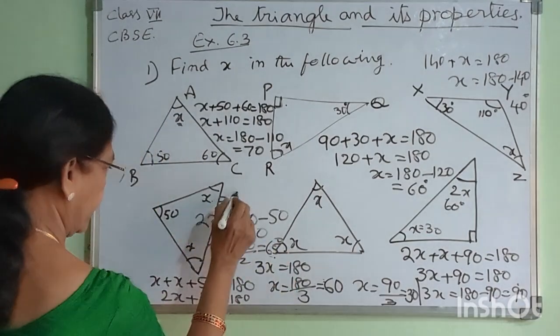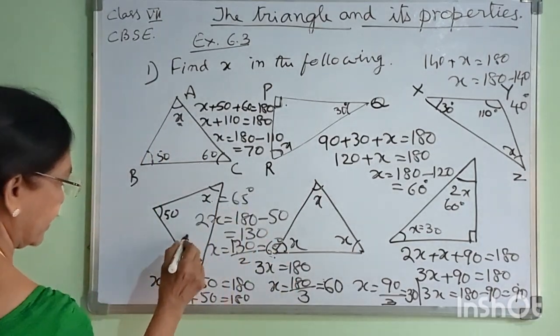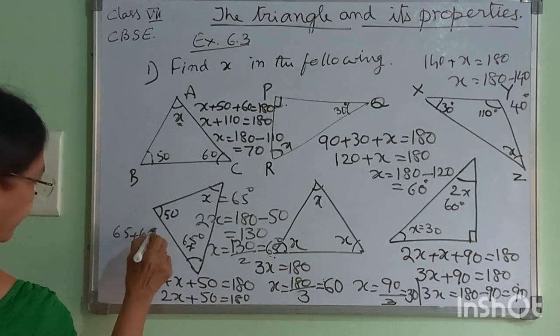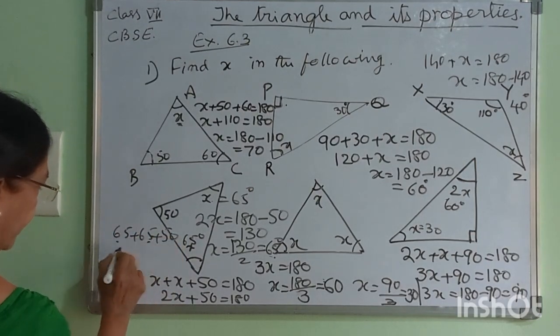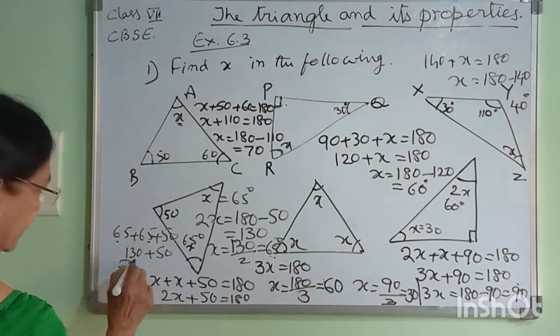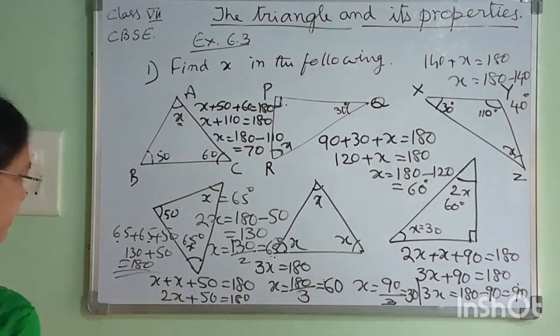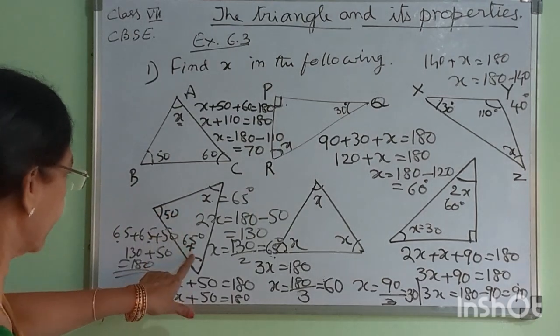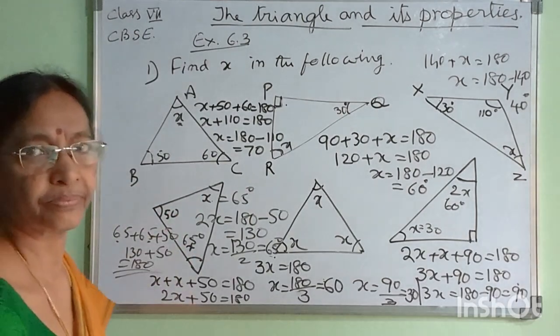Therefore, x is equal to 65 degrees. This is also 65 degrees. Therefore, 65 plus 65, 130, plus 50 is equal to 180. Therefore it is correct. x is equal to 65. Another x is 65. This is 50.